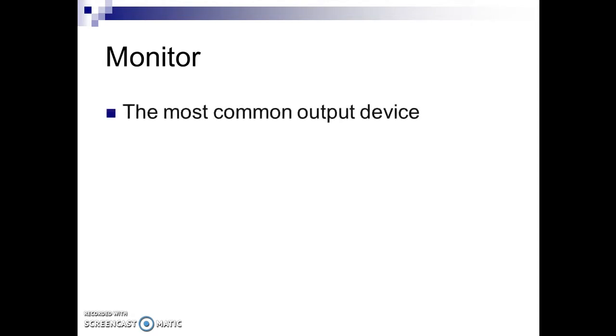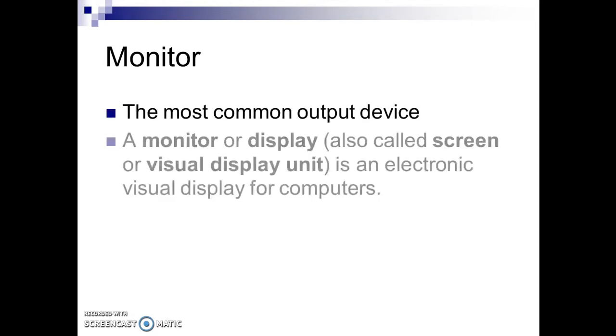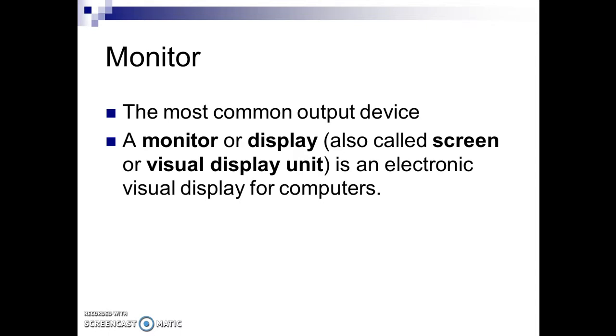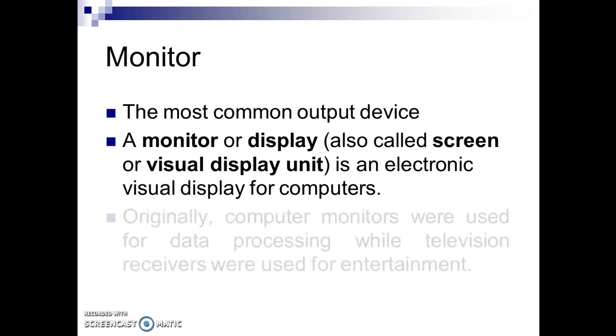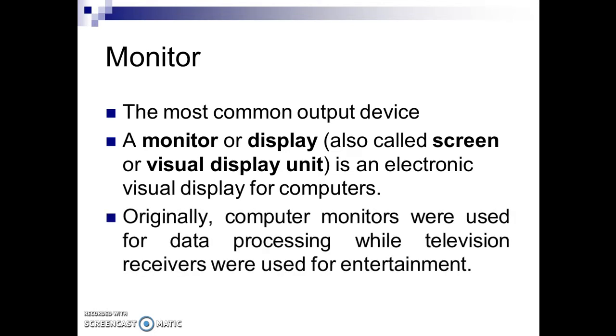Okay, so the monitor is the most common output device for most computers, and of course we have lots of synonyms for it: a display, a screen, a visual display unit if we want to get verbose about it. It's essentially an electronic visual display for computers. Originally computer monitors were used for data processing and television receivers were used for entertainment.